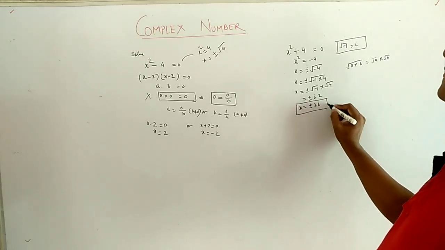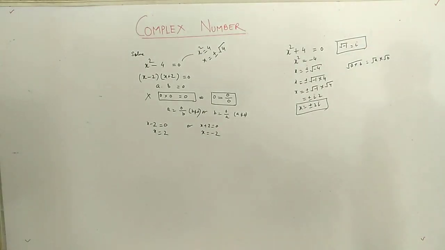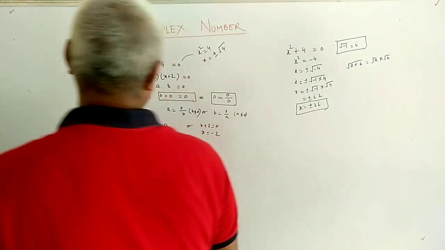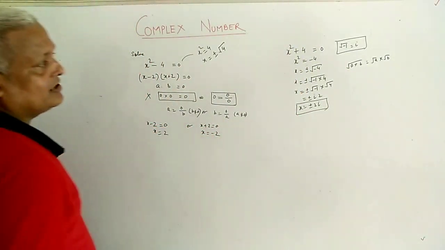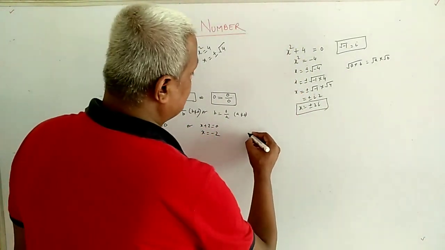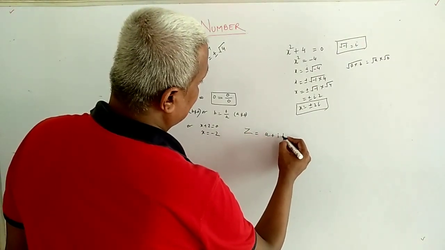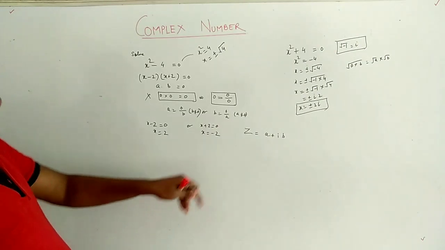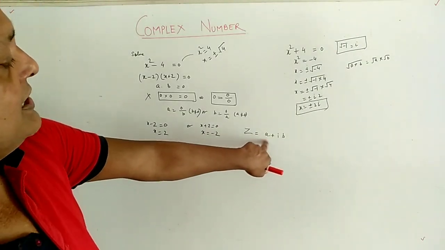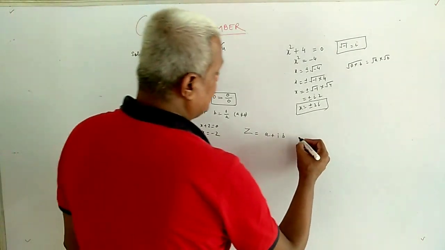So the idea of this iota gave birth to a new number system, and that is called complex number or imaginary number. The standard complex number z is represented as a plus ib, where a is the real part and b is the imaginary part, and a and b both are real numbers.